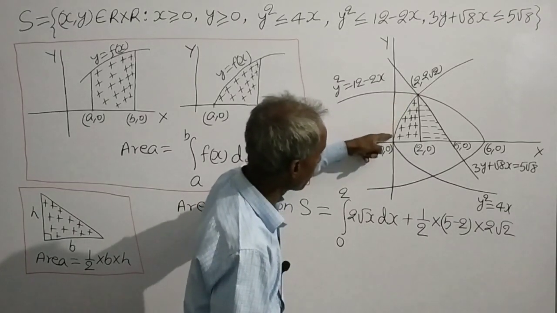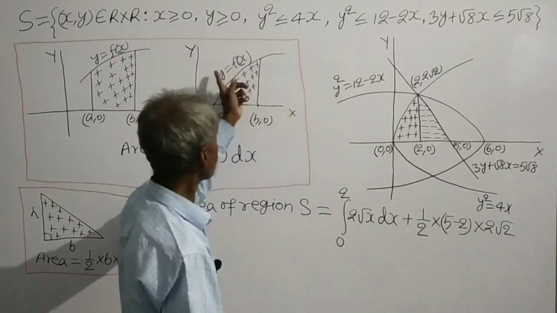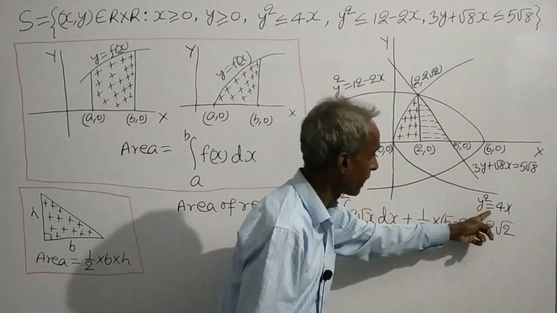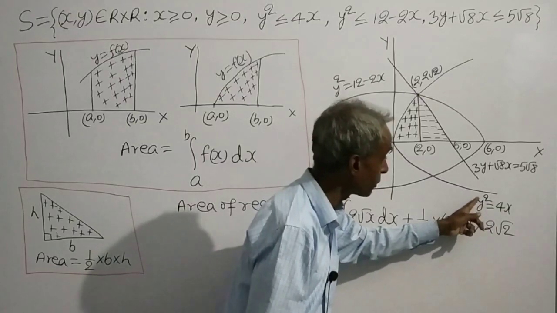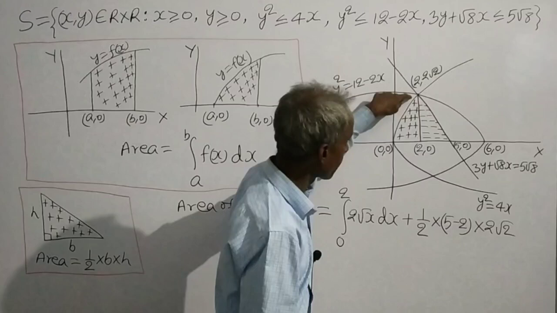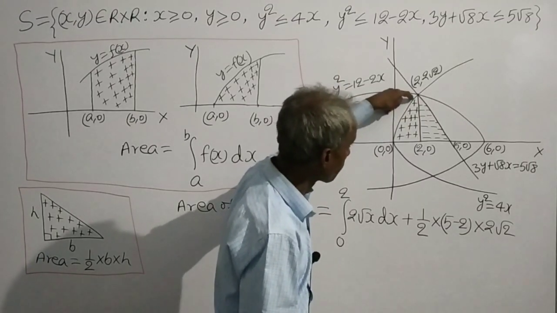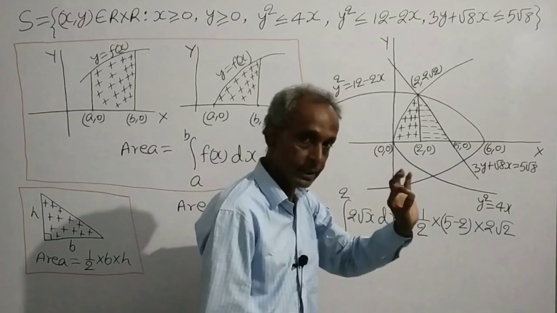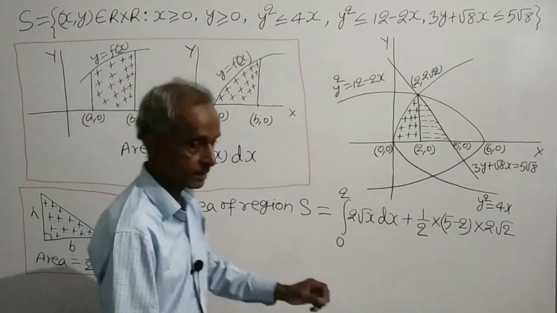But the equation of this curve is not written in this form. On the left hand side of the equal sign, here is y square. Therefore, we must write the equation of this part of this curve in this form, y is equal to f(x).